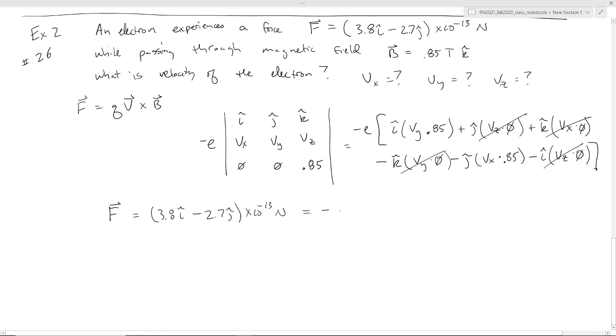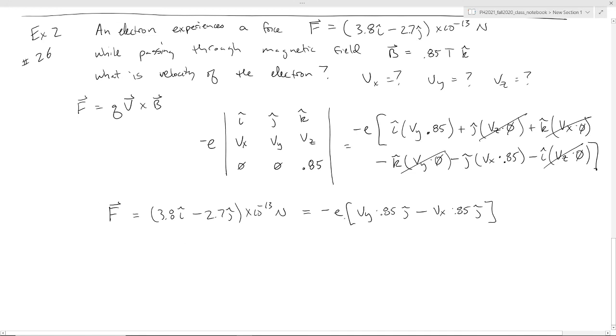And that equals 0.85 j hat, and then let's be careful here, we'll have minus Vx times 0.85 j hat. And we can associate the components, so let's match up the components.